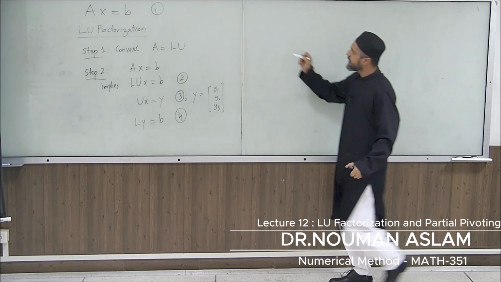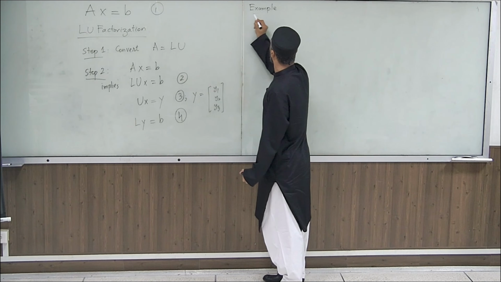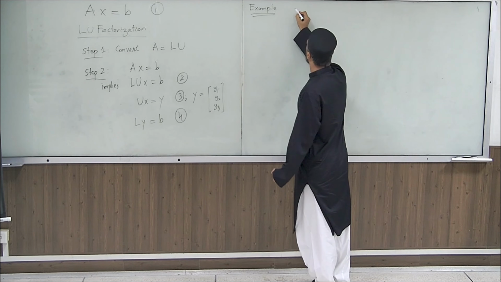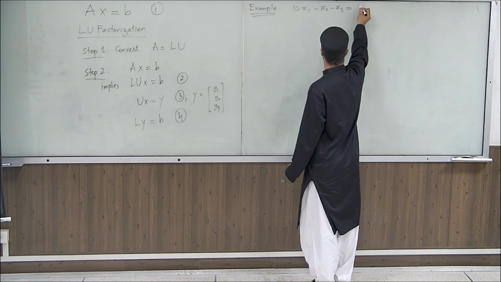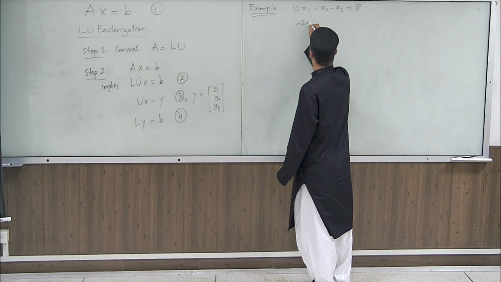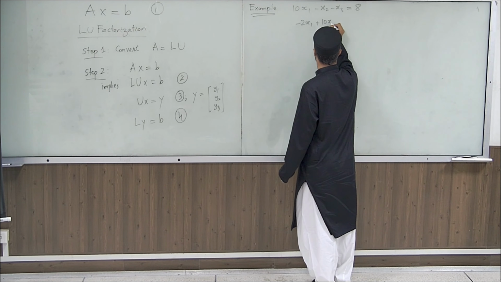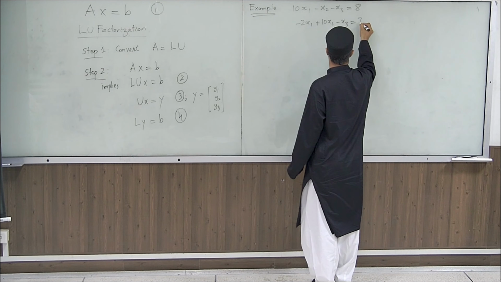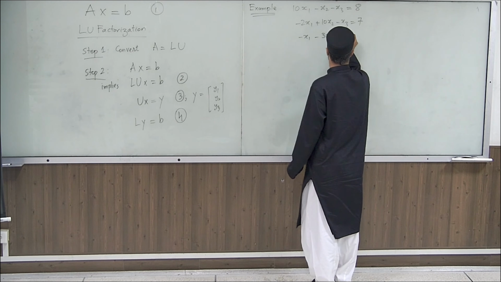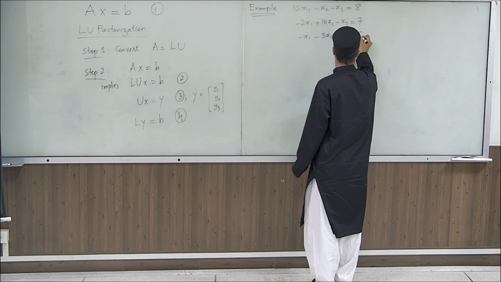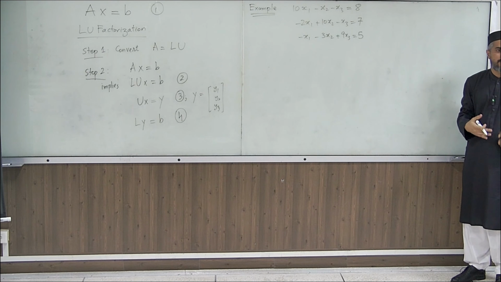Let me take an example: 10x1 minus x2 minus x3 is equal to 8, and then we have minus 2x1 plus 10x2 minus x3 is equal to 7. For example, this is the problem and we want to solve it by LU factorization.